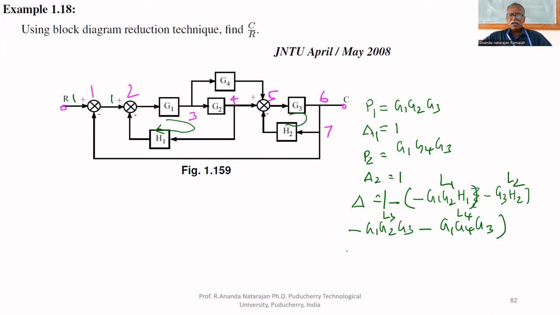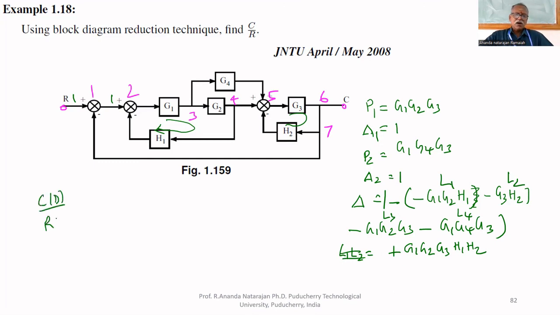Non-touching loops are L1 and L2, that is plus. These two are non-touching loops. Therefore, G1, G2, G3, H1, H2. That's all. I found the delta also. Now I can write the transfer function.